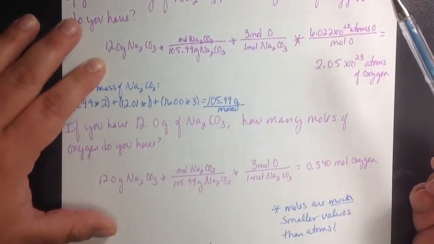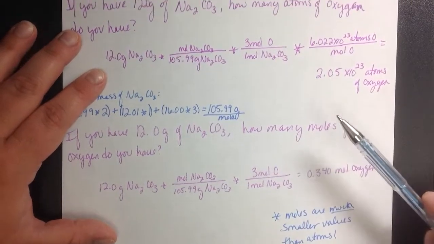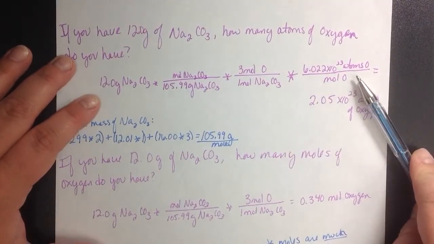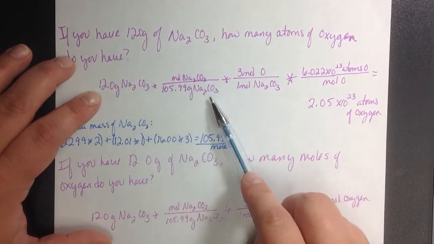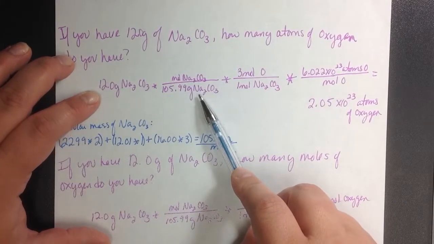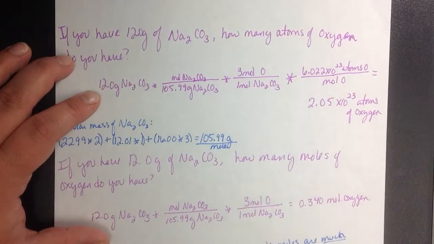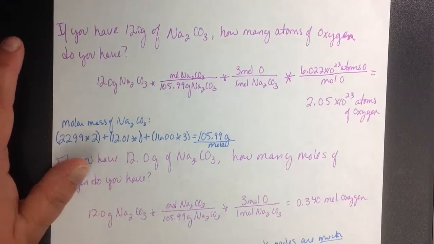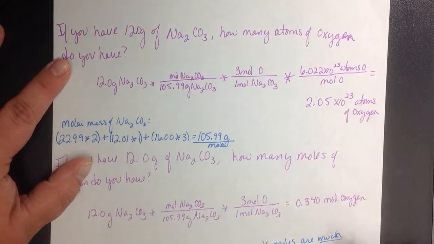So instead of stopping at moles like we did down here, we just need to figure out how many atoms there are. So 12 grams, 1 mole per the 105.99 grams, 3 moles of oxygen per mole, and then we just say, hey, there's Avogadro's number. So these numbers are huge, 2.05 times 10 to the 23rd atoms of oxygen.